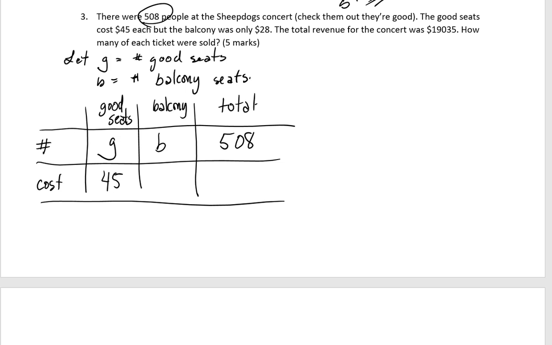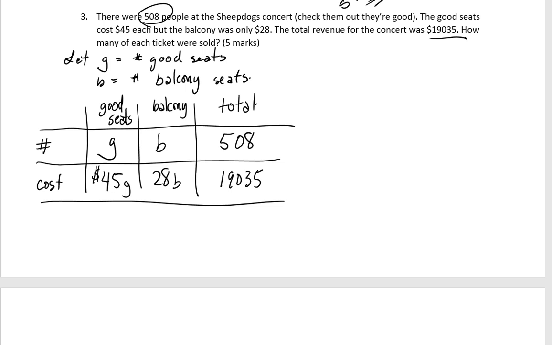We had $28 for the balcony and the total revenue generated was $19,035. But keep in mind, the cost here is 45 times the number of seats that we sold and 28 times the number of the balcony seats sold.